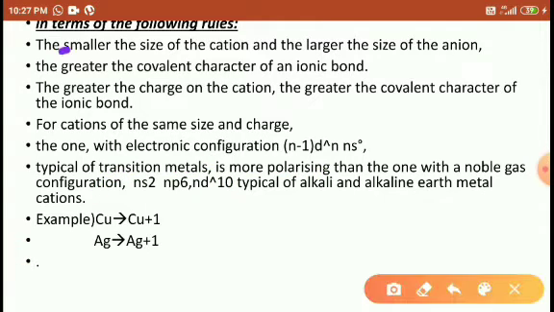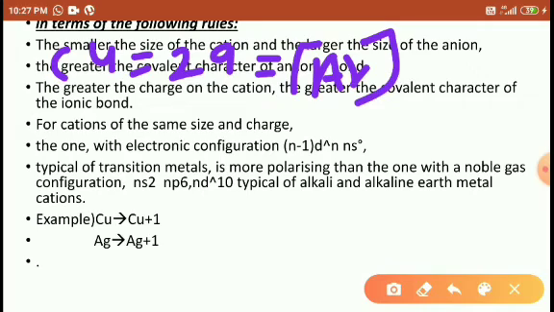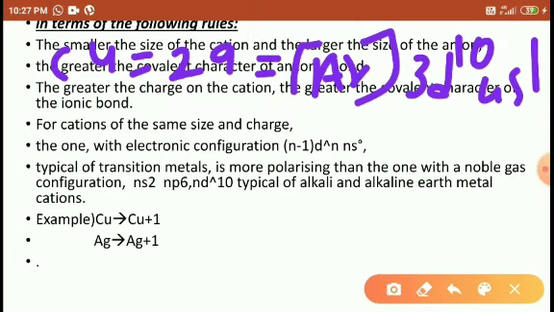For example, copper, atomic number 29. Atomic number 29 means argon 18, that is argon 18, students. Next is 3d10 4s1, right?